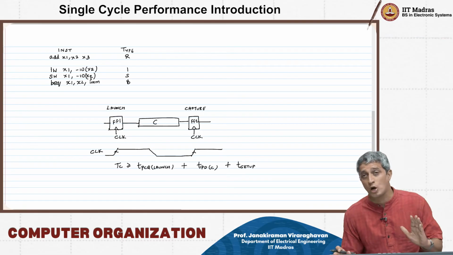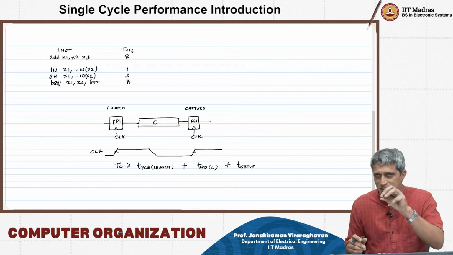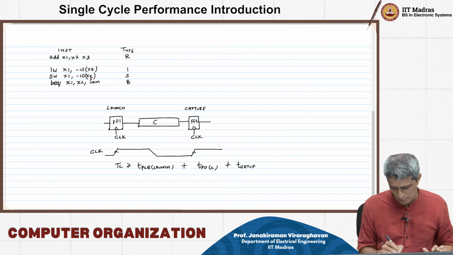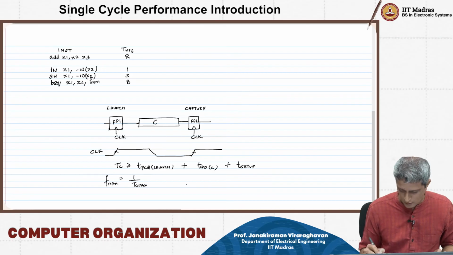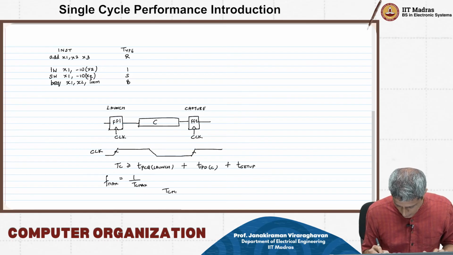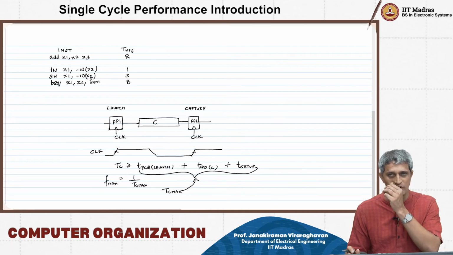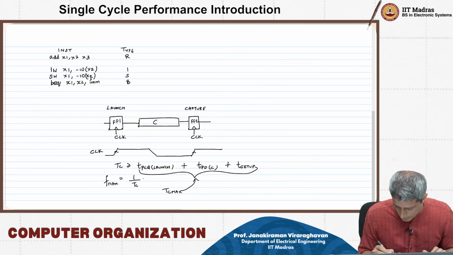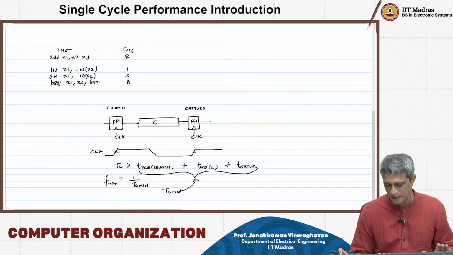As long as the clock period is greater than this, it will work, and therefore F max is 1 by T_C max. And what is T_C max? T_C max is exactly this value. I'll say 1 by T_C min, I'm sorry, because the clock period is supposed to be greater than this.